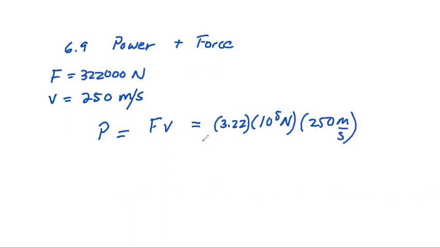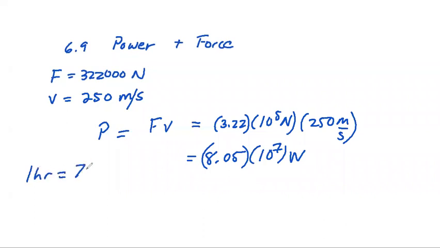And we're going to get 8.05 times 10 to the 7th watts. And now converting that into horsepower, I know that 1 horsepower equals 746 watts. So just go ahead and divide by 746 watts, and that will give me 108,000 horsepower.